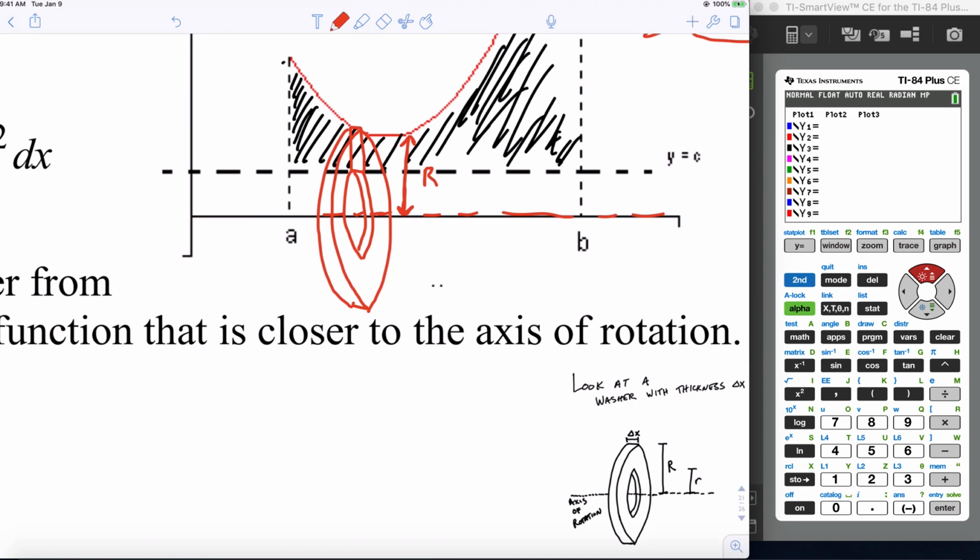Our capital R is going to be the outer curve minus the axis of rotation. And then our little r is going to be, right here, the inner minus the axis of rotation.